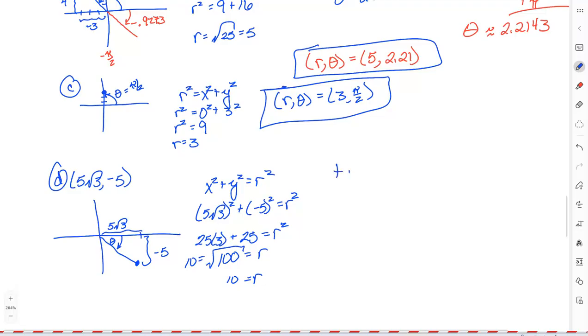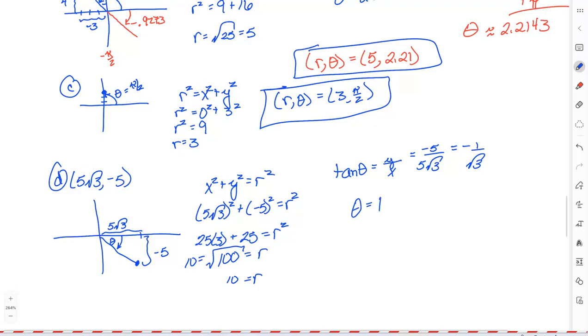So to find theta, I know tangent of theta is equal to y over x, and that's equal to -5 over 5 square root of 3, which is -1 over square root of 3, or we could think about it as negative square root of 3 over 3.